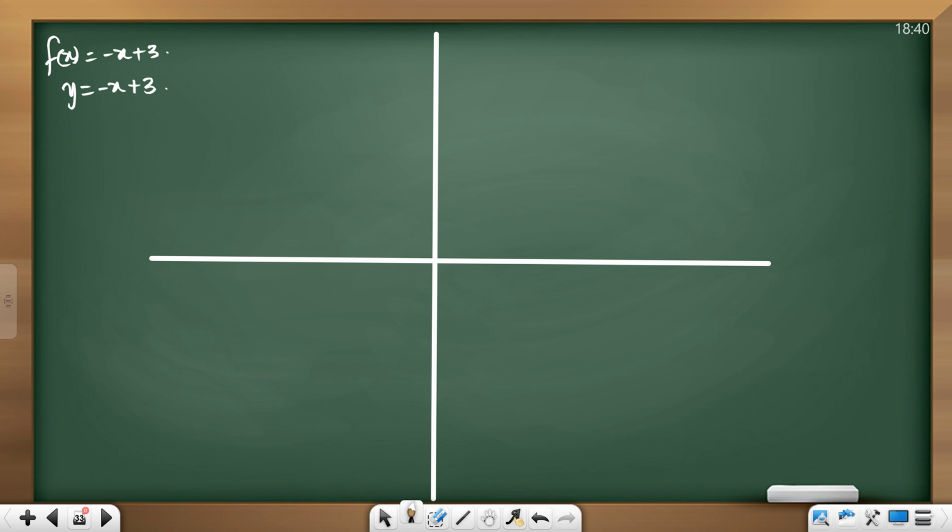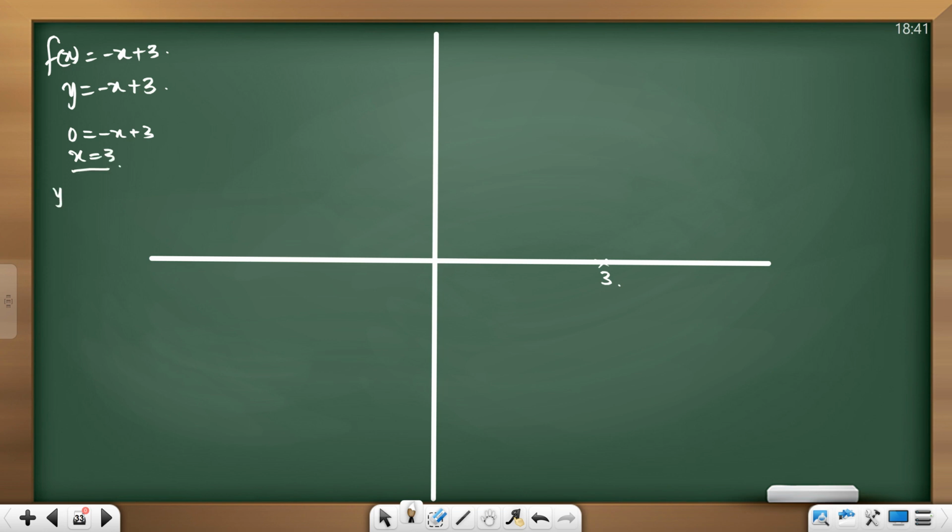When x is 0, what happens? Y is positive 3. Already I know my graph is going to touch that point 3. What about when y is 0? When y is 0, what would x be? X will be equal to 3, right?